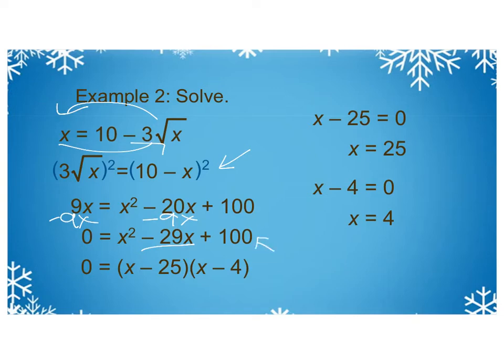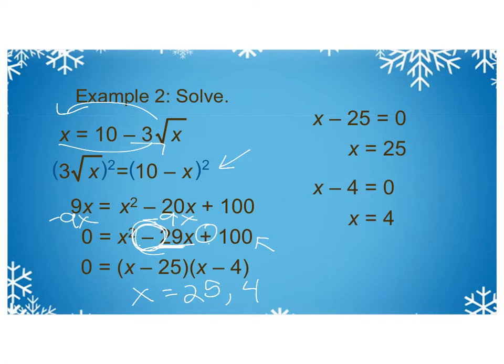Factors of 100 that add to 29 are 25 and 4. Since it's a plus, they have the same sign. Since this is a negative, they're both negatives. All right, so x minus 25, x minus 4. So this gives me x is 25 or 4. So I check each of those.